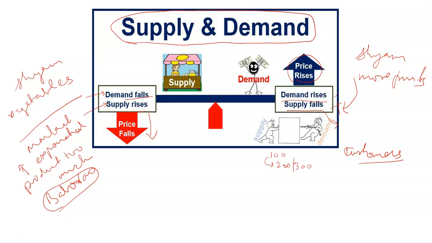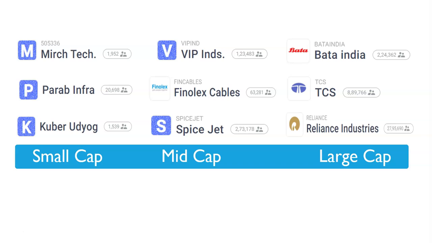In a similar manner, the reverse happens in the other case. After understanding these two parts, we only have to implement this analogy in the stock market. How do we do that? So let's go further. Here we have certain companies.